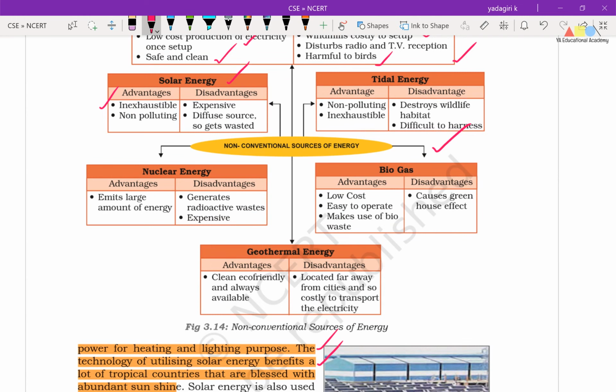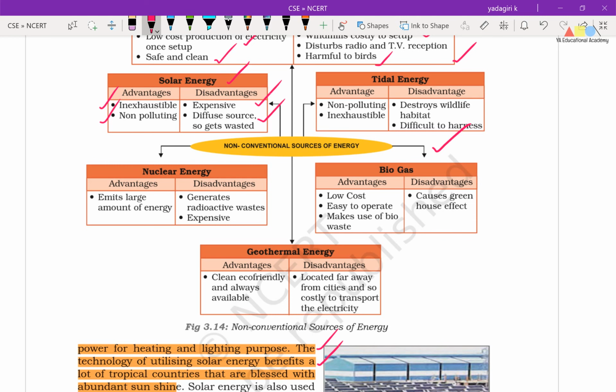Right friends, about solar energy, the advantages are it is inexhaustible. I mean, there is no limit for solar energy, and it is non-polluting. The disadvantages are that it is expensive, so setting up a solar energy plant is expensive. Similarly, it is a diffuse source, so it gets wasted. So friends, the solar energy is scattered across the entire globe, I mean entire earth, so it is very diffused.